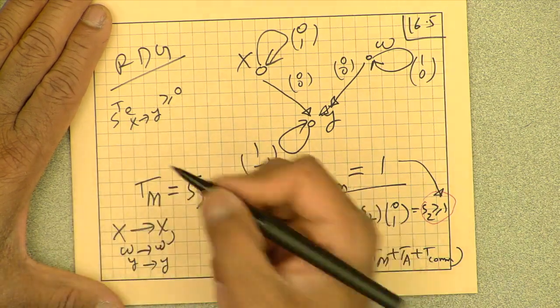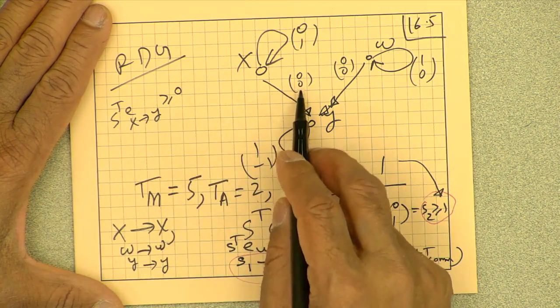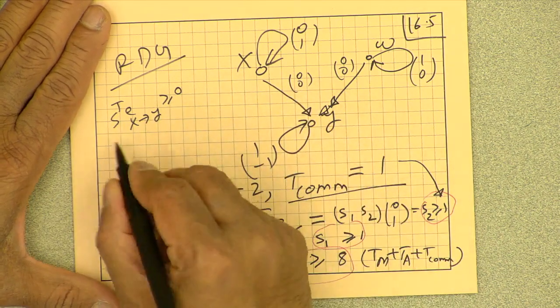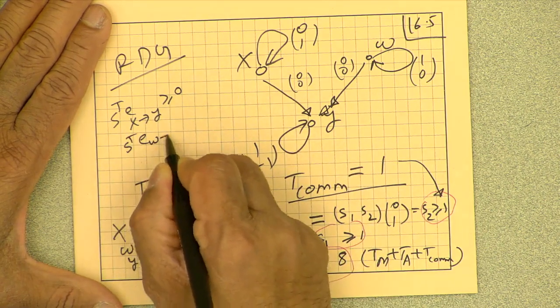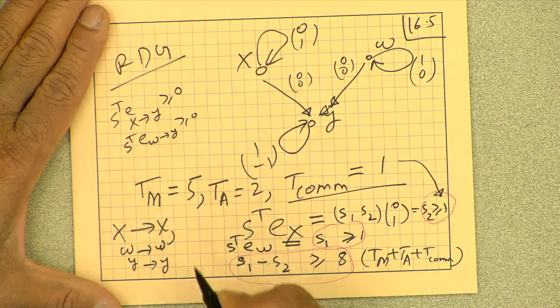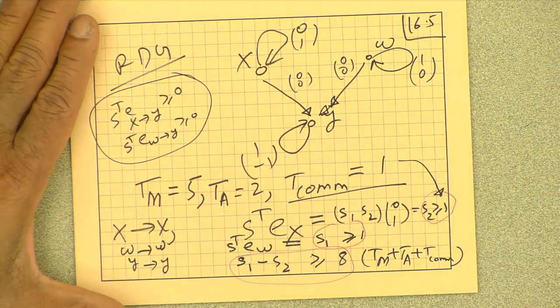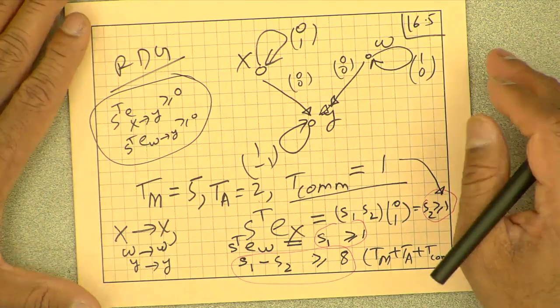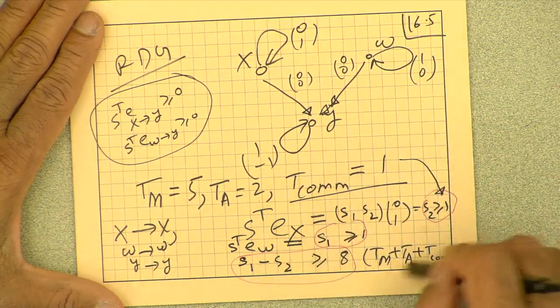It says S1 S2 multiplied by 0 0 is greater than or equal to 0. That's 0 greater than or equal to 0. S transpose E W to Y greater than or equal to 0, same thing. These two equations are just garbage equations, because they are just saying 0 greater than or equal to 0, which doesn't mean anything. Now we can solve for these inequalities.